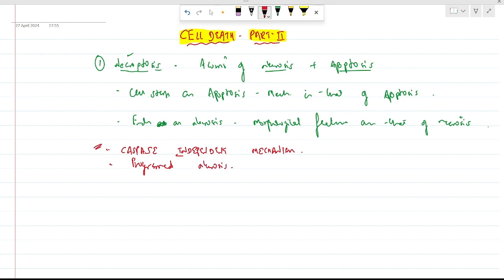We have seen that apoptosis is caspase dependent, the executional and initiational caspases. Here this is caspase independent, no caspase activation is required, and this is also called programmed necrosis. Programmed from programmed cell death, that is apoptosis, along with necrosis. So these are the features of necroptosis.